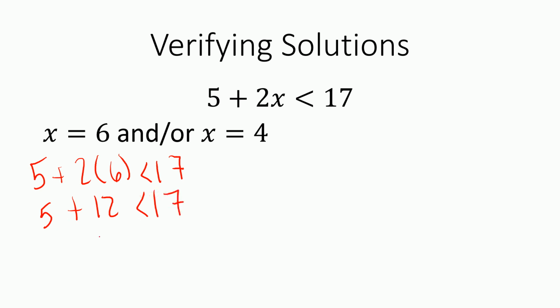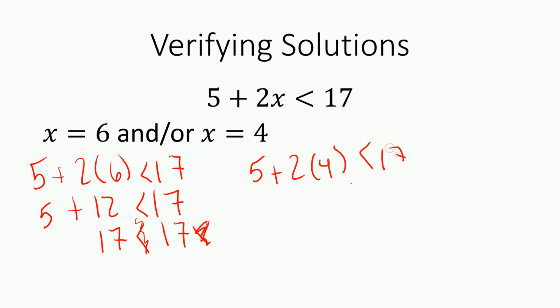In this case, 5 plus 12 is exactly 17, but since our inequality symbol is less than, 17 is not less than 17. So this is no, that's not a solution. No solution here. Whereas if we try 4, five plus 8 is 13, which is less than 17.